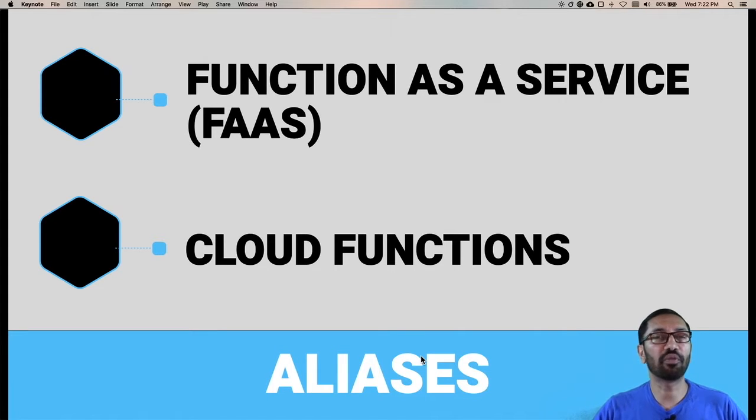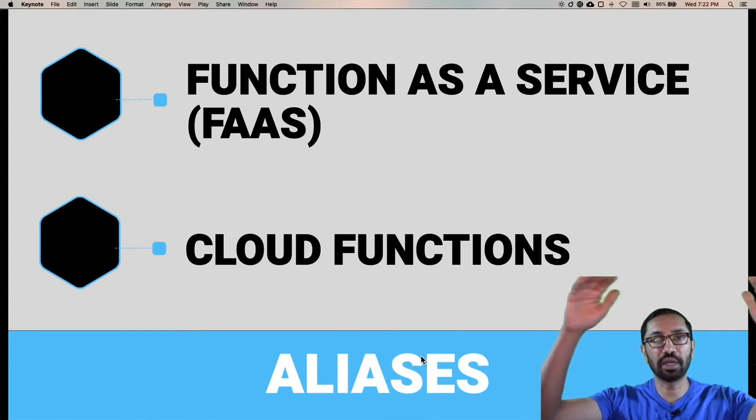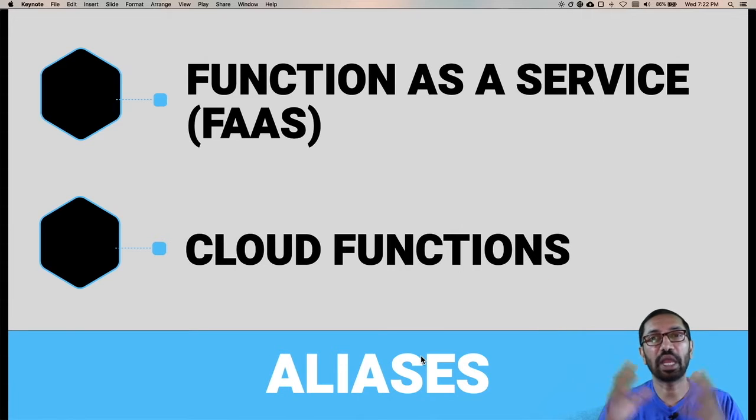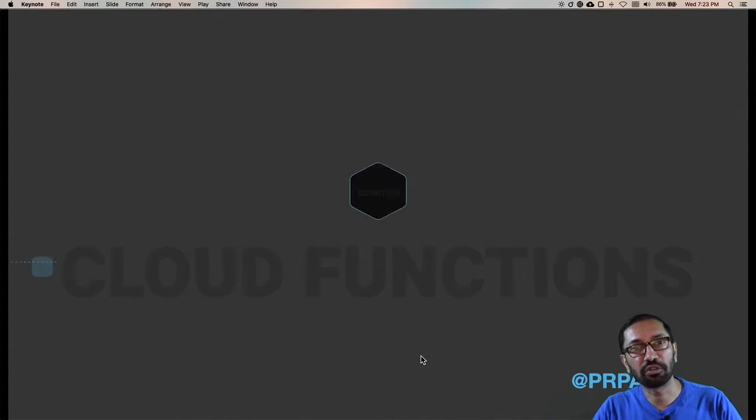So sometimes I'll refer to the units of code that we're building and deploying as either cloud functions or functions as a service. Okay, so I'll be using these two terms interchangeably. And again, serverless is more like an umbrella term that encompasses everything that comes under the different types of serverless technologies, whether it's the pricing model, serverless databases, on-demand types of things, etc. We'll talk more about those in a few minutes.